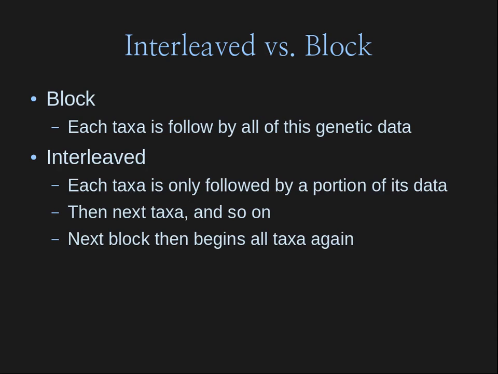But you can also have what's called interleaved. Interleaved is where each taxa is only followed by some proportion of its data, whatever fits onto one line, usually going up to 70 characters. And then you have the beginning of the next, and then the next below that, and so on. And then the next block again begins with all of those same taxa again.